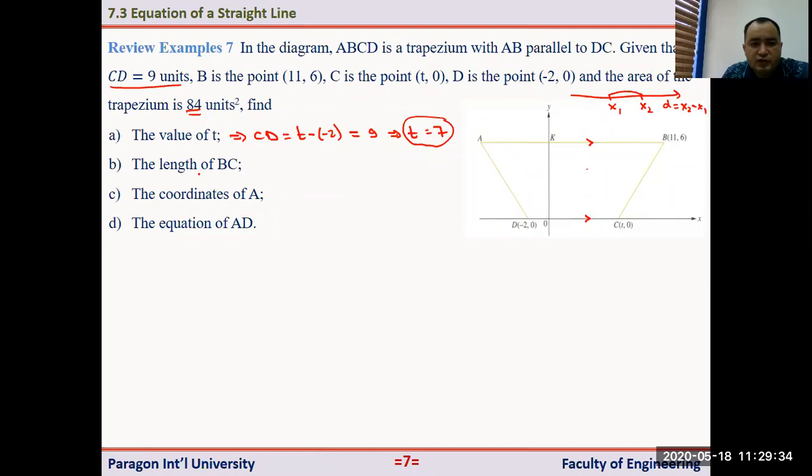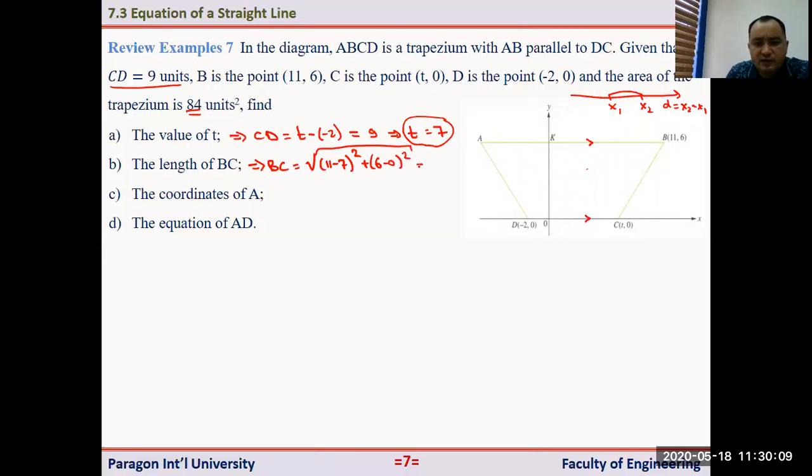All right. Question B. Find the length of BC. Now I know the coordinates of B. We know the coordinates of C. So we can find this length, right? So what is its length? BC is equal to square root of (11 minus t) squared plus (6 minus 0) squared. So here we have 11 minus 7 squared plus 6 minus 0 squared, right? That is a distance.